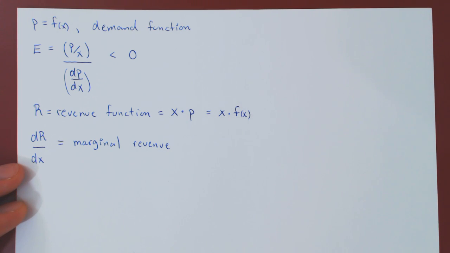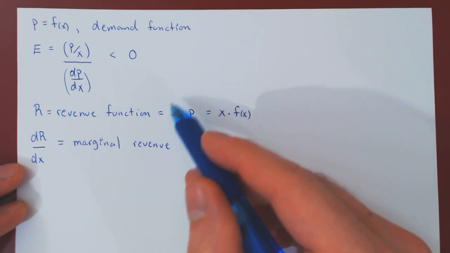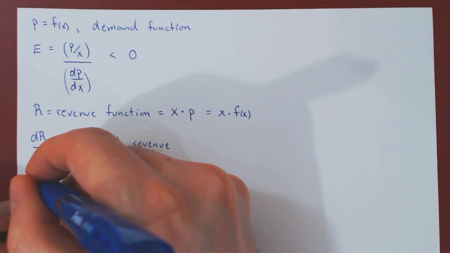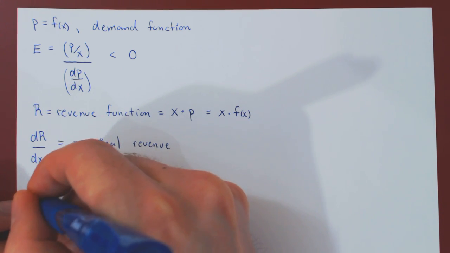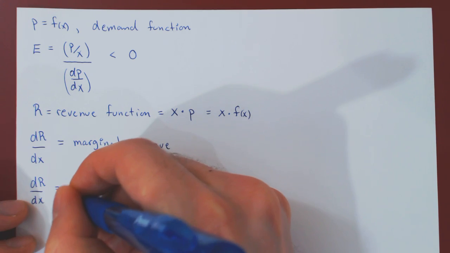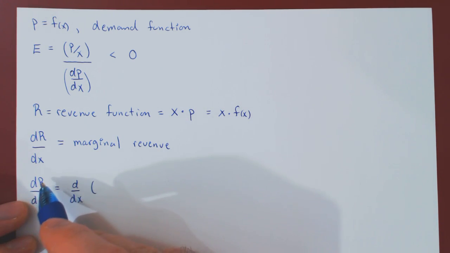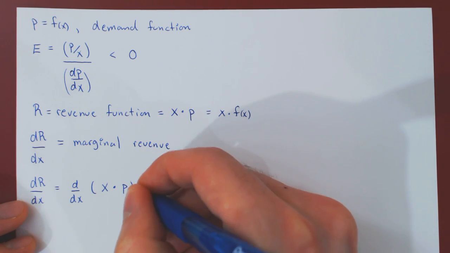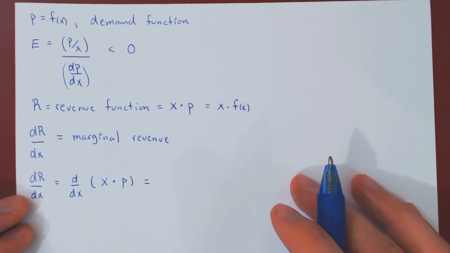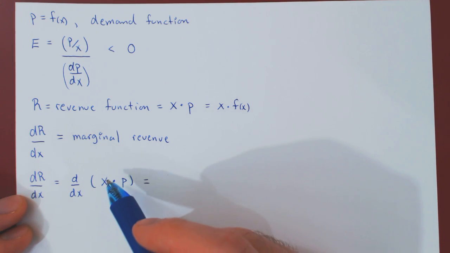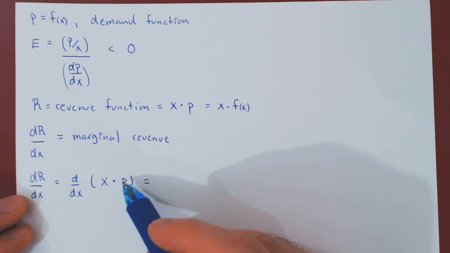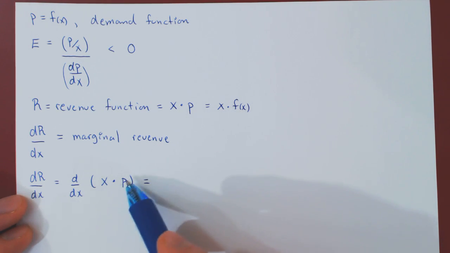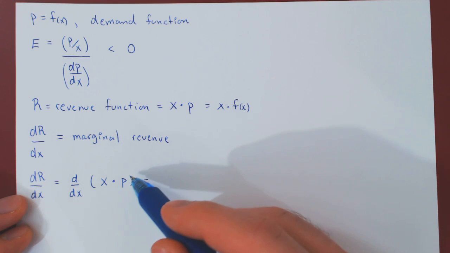Now, let's differentiate R with respect to X using the relationship that R equals XP. So dR over dx equals, well, the derivative with respect to X of XP. What's critical here is that we differentiate a product of two functions, X and P, which is another function of X. So we have to use here the product rule.